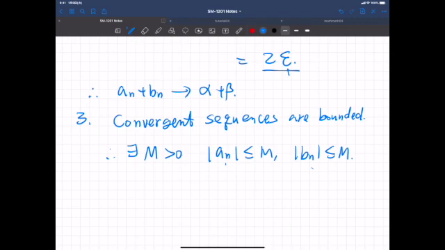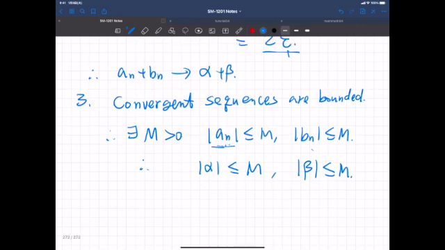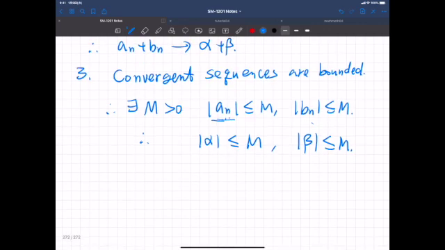From the previous theorem, we know that since an and bn converge to alpha and beta respectively, of course this holds for infinitely many n's. So therefore |alpha| is less than m and |beta| is less than m. Okay, I think so far it's easy to understand.